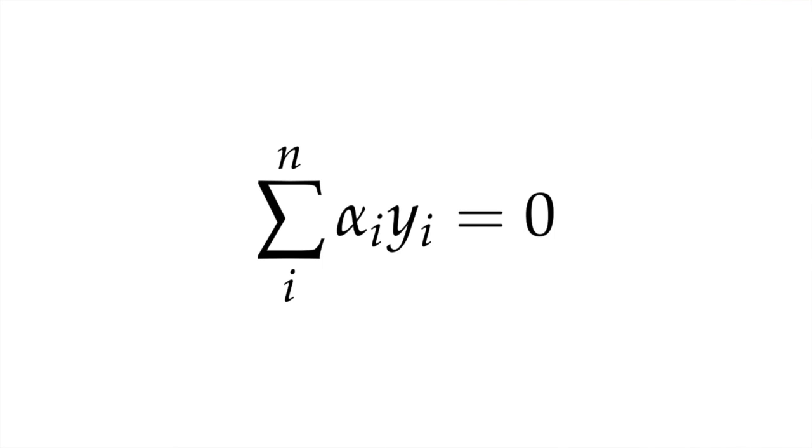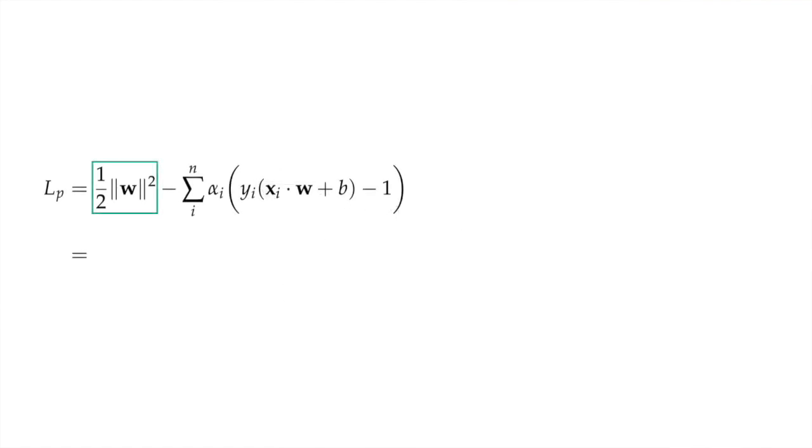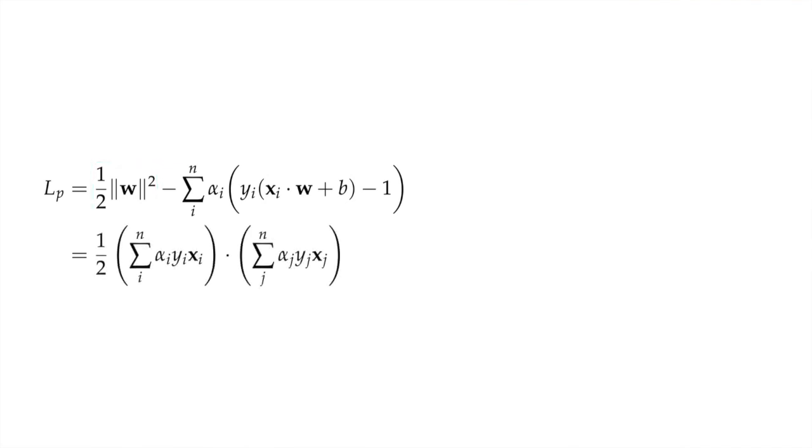Remember it. We can substitute these conditions back into the primal objective. For the first term, we replace the w with the sum, and we expand the magnitude calculation as a dot product of two w's. Taking the second sum term piece by piece, the first part of it, the part involving yi, xi and w, we can expand again like this.